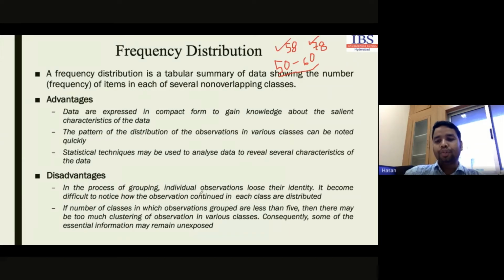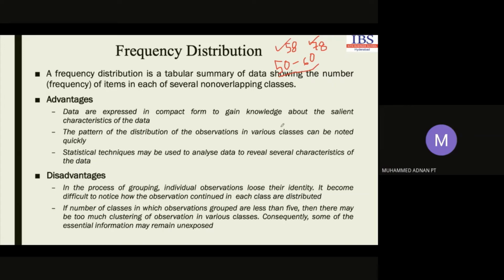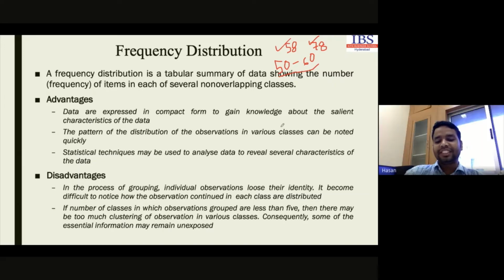So we'll have to remember that our classes should be at least 5, depending on the class length. Okay, is that clear? Yes, sir. So these are very basic things, you just remember this. Once you read it once, it will be in your memory forever.